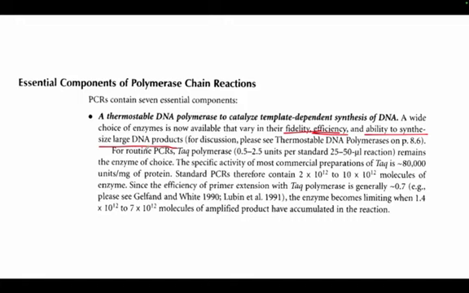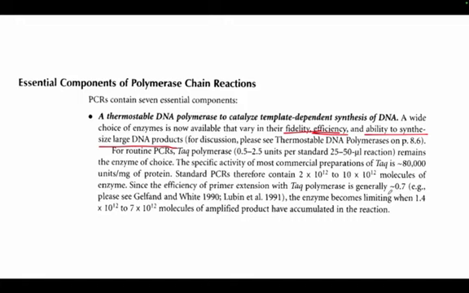So for most standard PCR, Taq polymerase is fine. Here you see efficiency of primer extension of Taq polymerase is generally about 0.7, which is telling you that if I incorporate 10 primers, Taq will be able to extend about 7 of them.